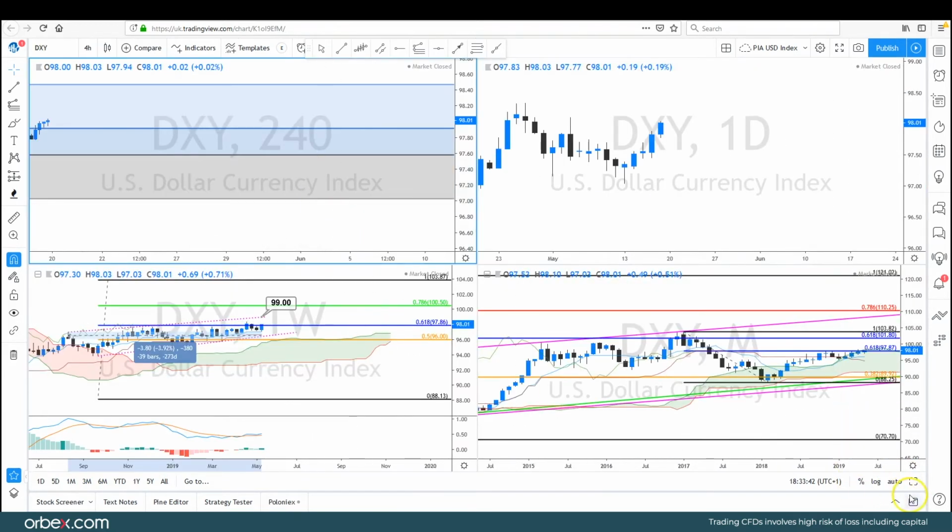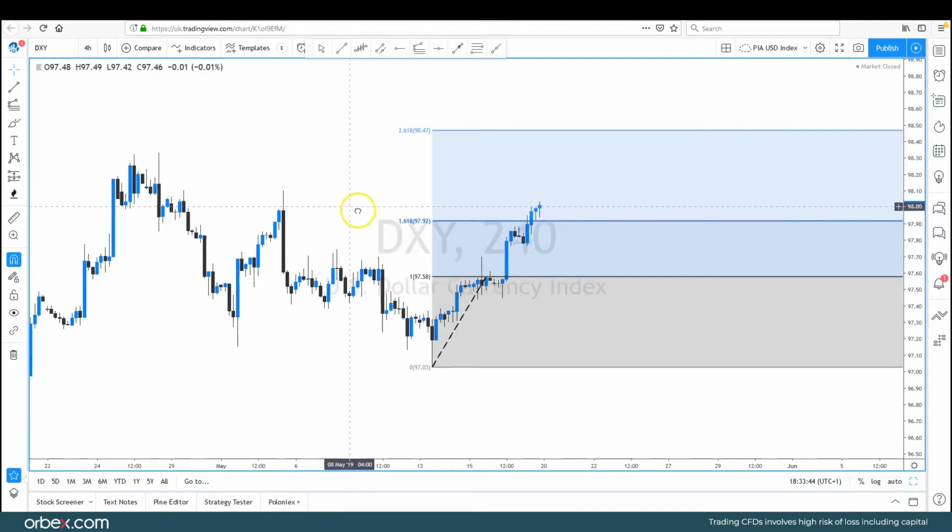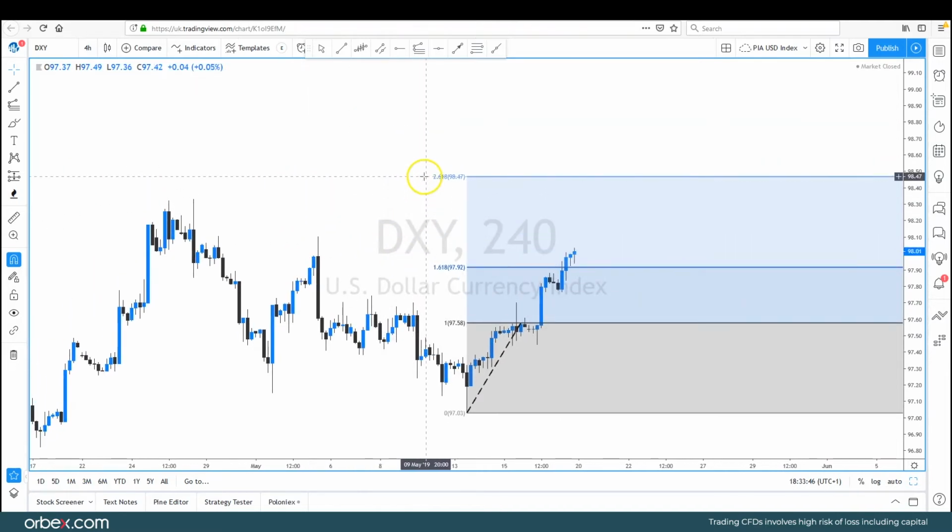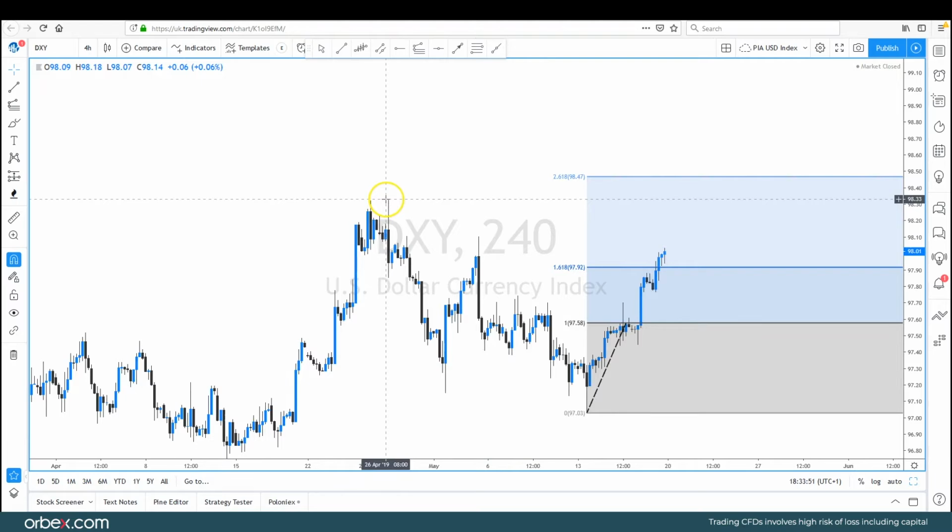If we go to the 4-hour chart, 98.47 is a 261.8% extension level. That would give us a higher high. Worth having a look at the RSI if we get up to these levels, and then probably express a bit of caution up around here.